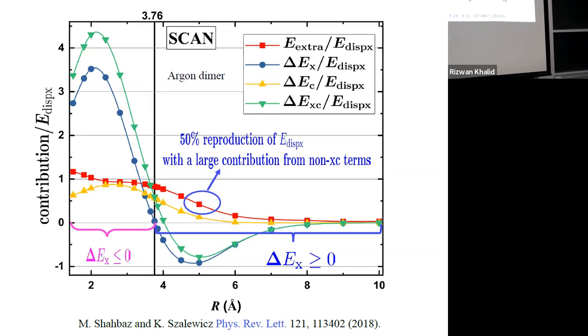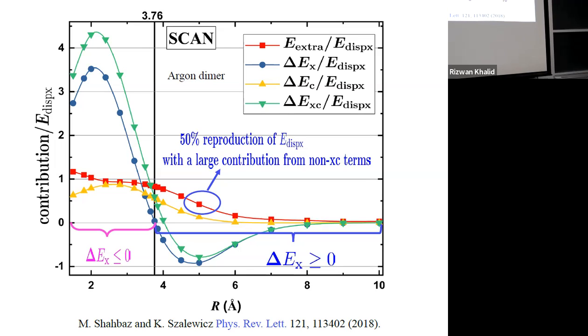That's why we should say that this E extra has contributions from terms which are not in the exchange correlation energy. And if this E extra has contributions from terms which are not in the exchange correlation energy, those effects are non-physical. Those terms are not designed to take into account the many-body effects.